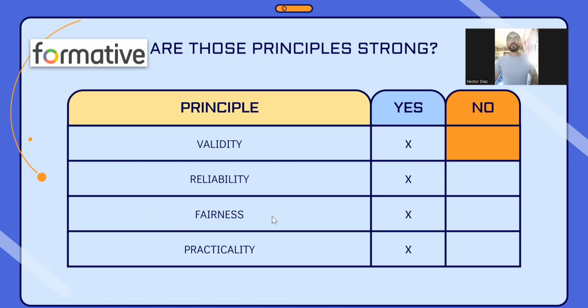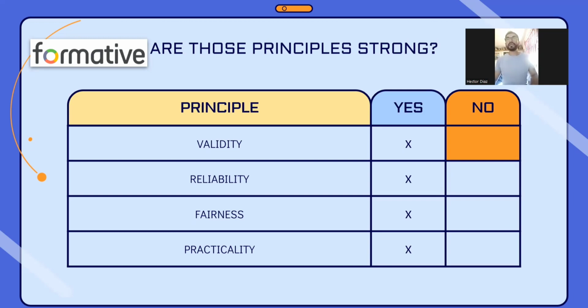We also have fairness. The instructions given by Formative are clear enough. If you feel that they are confusing, you can change or modify the instructions. Write the instructions yourself if you want.